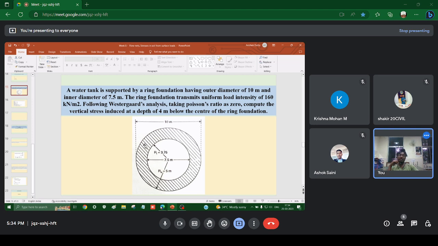This is the UDL transmitted by the foundation, and the outer diameter is 10 meter, inner diameter is 7.5 meter. So now, if this ring foundation transmits a UDL of 160 kN per meter square, then following the Westergaard's analysis, taking Poisson's ratio as 0, yes, it is important, take Poisson's ratio as 0, compute the vertical stress induced at a depth of 4 meter below the center of the ring foundation.